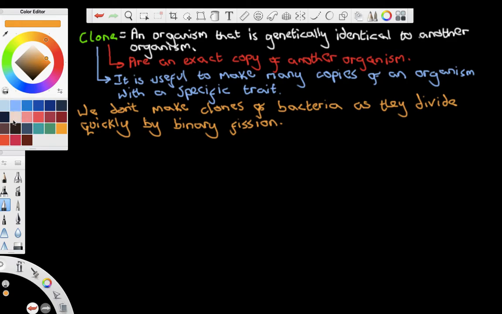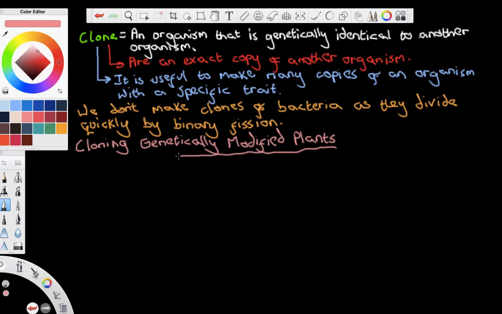So we can put the subheading, cloning genetically modified plants. Okay, or GM plants, we can call them for short. So I can put it here in brackets, GM plants. The G and the M stand for genetically modified.